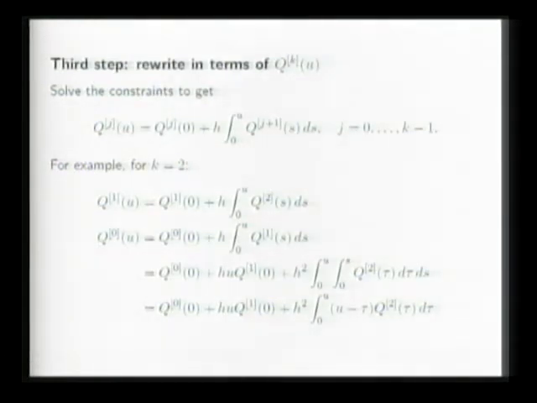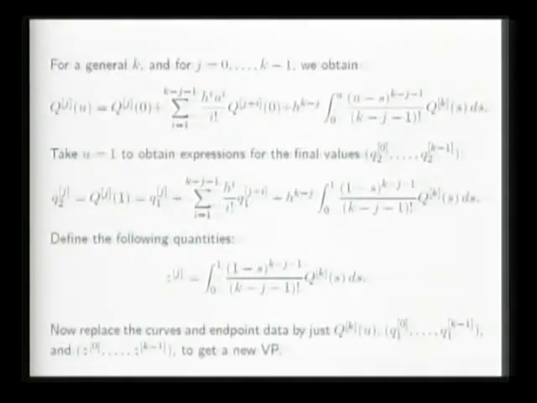There's a change of order of integration there that allows you to have only one integral in the end. There appears this factor there. And in general, you can write all the lower order curves qj in terms of values at 0 of the different curves, and some integral with this polynomial factor here of the higher order component qk.